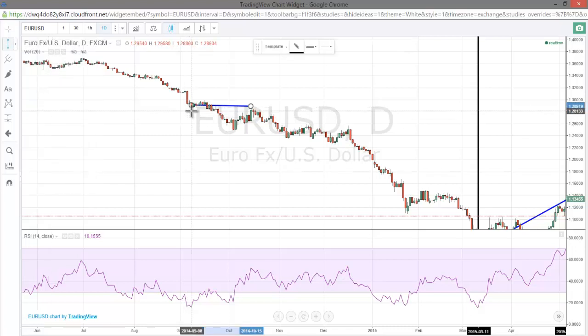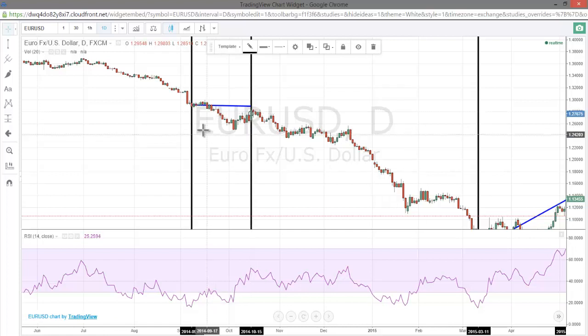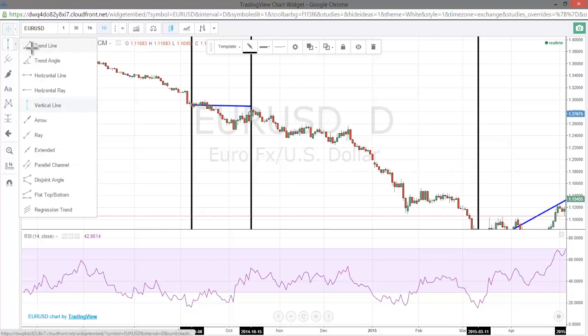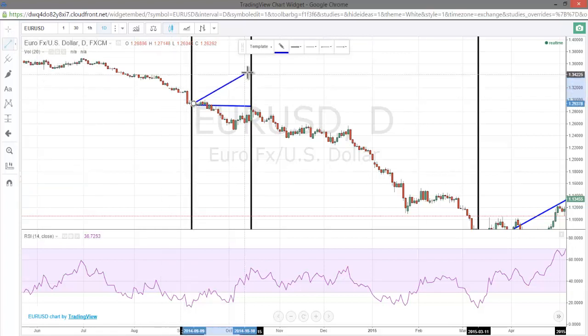You come up here and say, oh look, it's very oversold, very cheap. I'm going to buy there, expecting the price to go up, and that didn't happen. The price went back to the same level where you entered, so you wouldn't have lost much money.